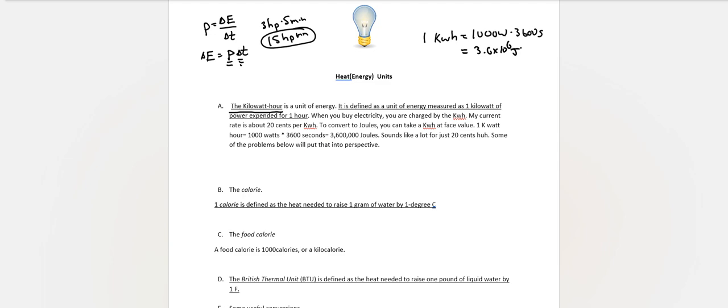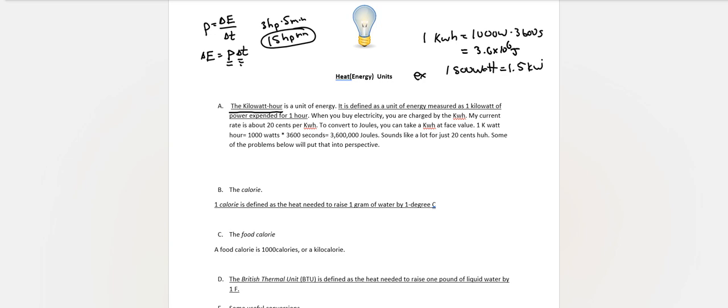Now the reason the kilowatt hour is used mainly for your electrical bills is it just makes it really simple to do electrical calculations. A quick example, if we had, say, a 1,500 watt oven, the power of that oven is 1.5 kilowatts.